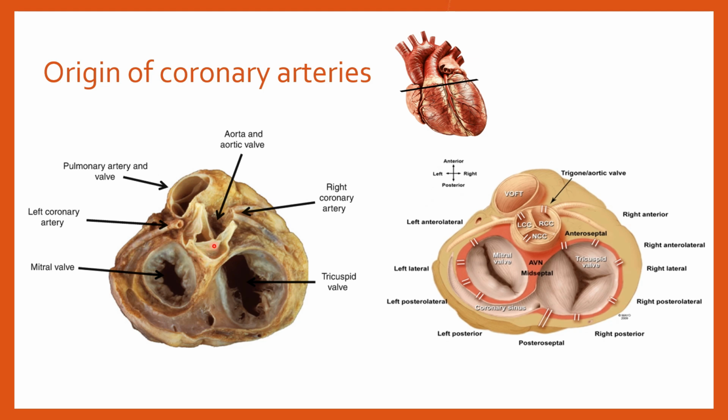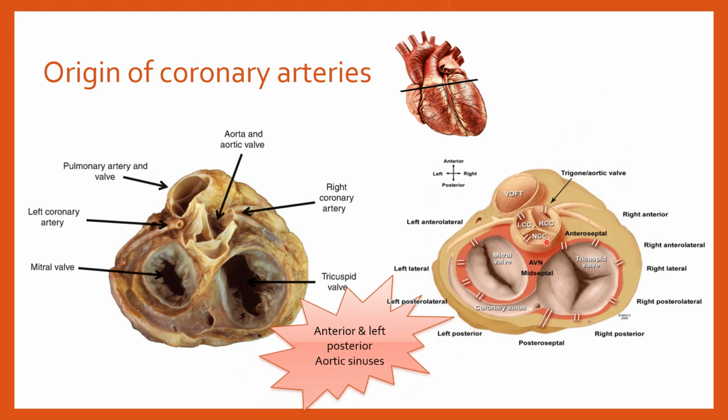The right posterior aortic sinus doesn't give origin to any arteries. So the anterior is known as the right coronary cusp, the left posterior is known as the left coronary cusp, whereas the right posterior is known as the non-coronary cusp. Thus the coronary arteries originate from the anterior and left posterior aortic sinuses.